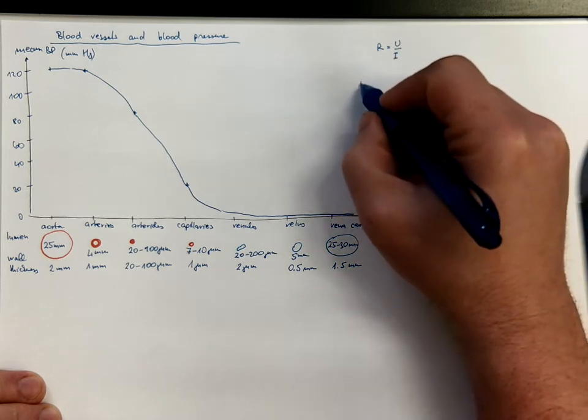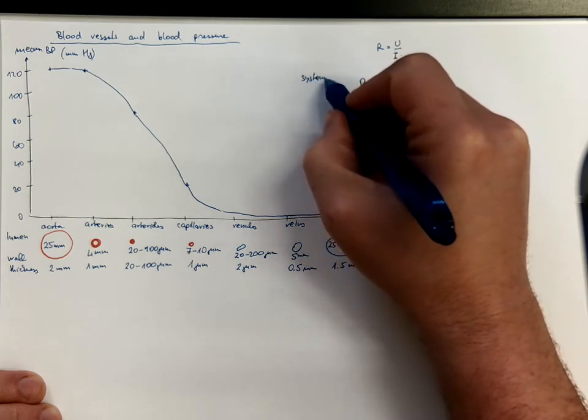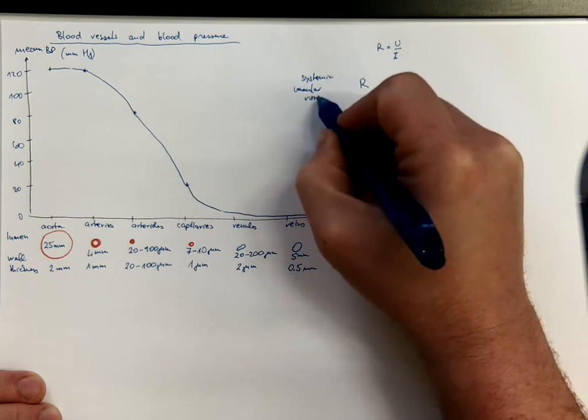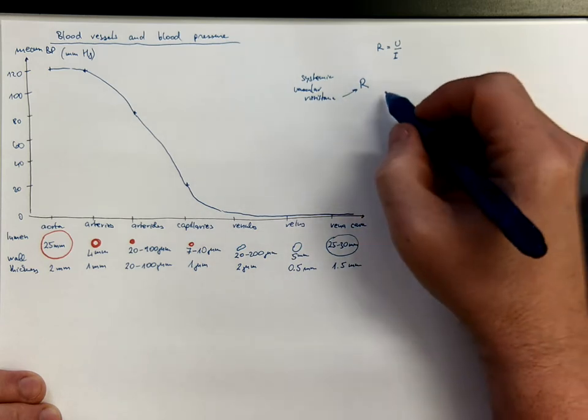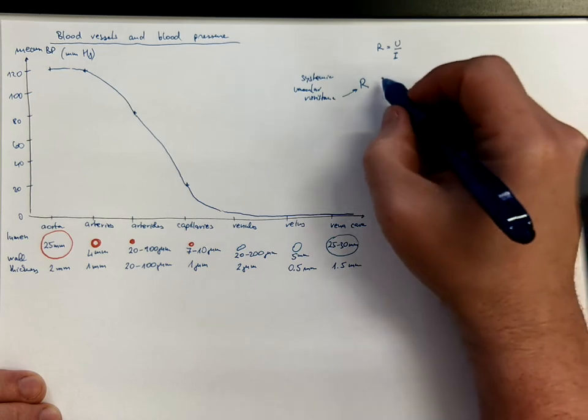So if we use the resistance as the systemic vascular resistance, that's the resistance against which the heart has to pump the blood.